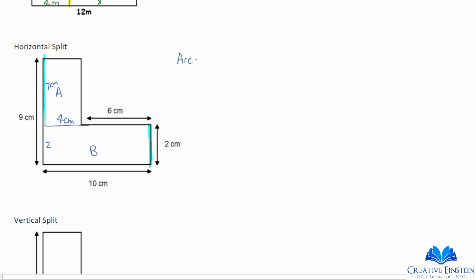So the area is going to be A plus B, where shape A is 7 centimeters times 4 centimeters, and shape B is 2 centimeters times 10 centimeters. 7 times 4 is 28 square centimeters. 2 times 10 is 20 square centimeters. And that gives me 48 square centimeters.